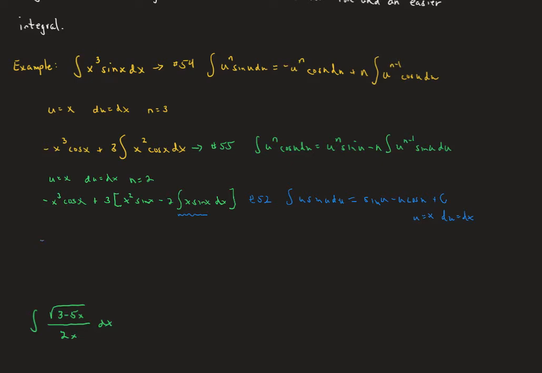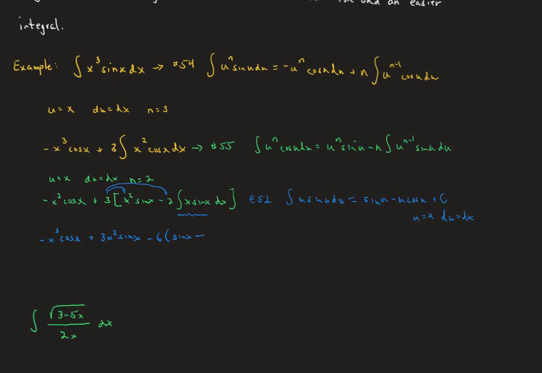So we still have that original negative x cubed cosine of x, and now when we distribute there, we'll get a plus 3x squared sine x, and we're going to get a minus 6 times that sine of x plus, or is that a minus?